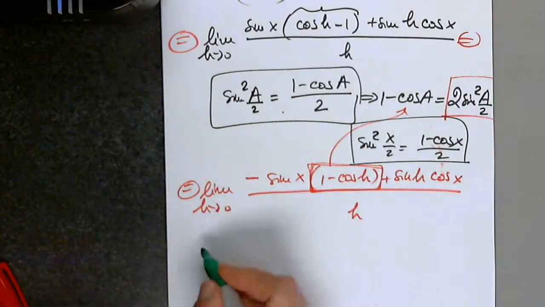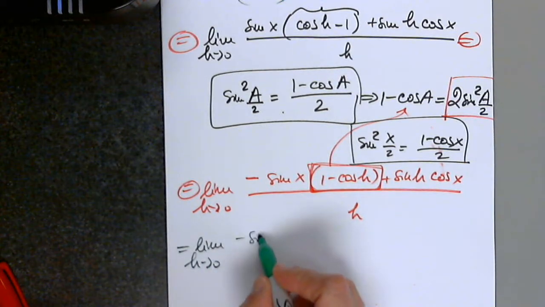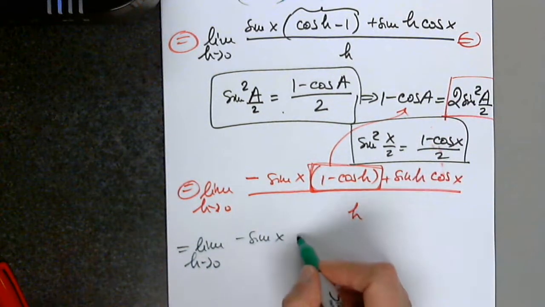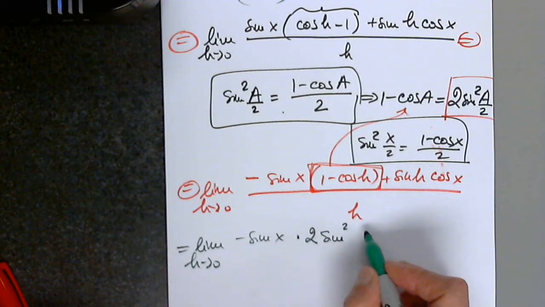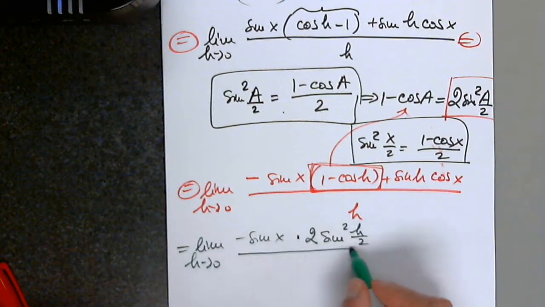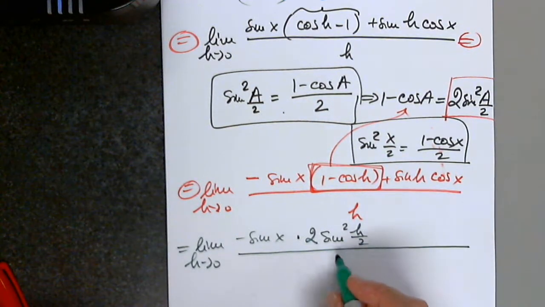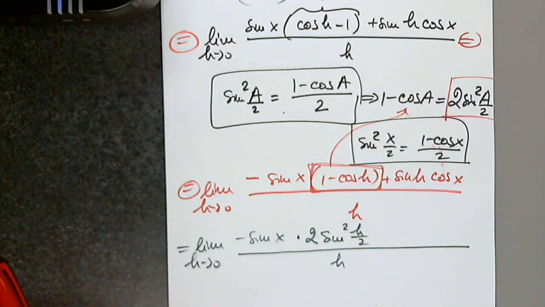So then I continue with limit h approaches 0, negative sine x multiplied by 2 sine squared h divided by 2 over h. I didn't finish here. I have to think for a second what to do with that.